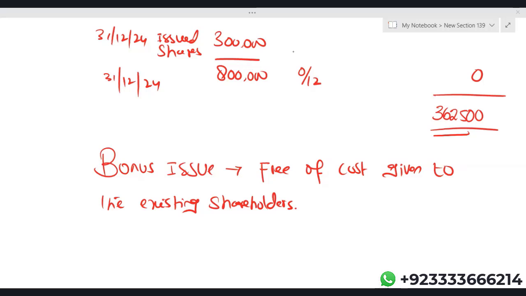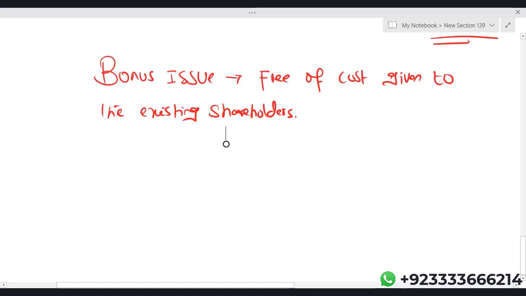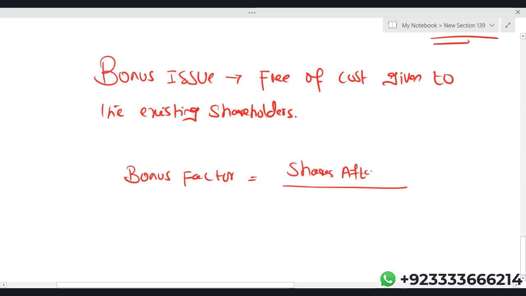In case of a bonus issue, you should be able to calculate the bonus adjustment factor. Now, what is that bonus factor? Simply, shares after bonus divided by shares before bonus.